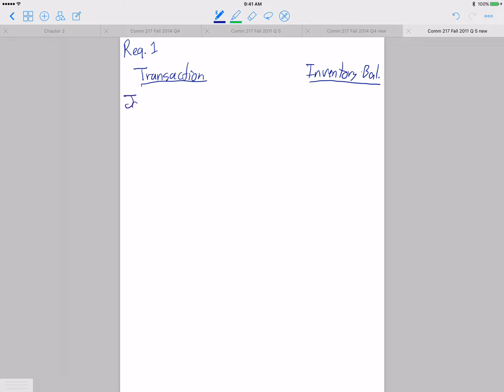On January 1st, the company had beginning inventory from last period of 100 units at $7 each, which gives us $700.